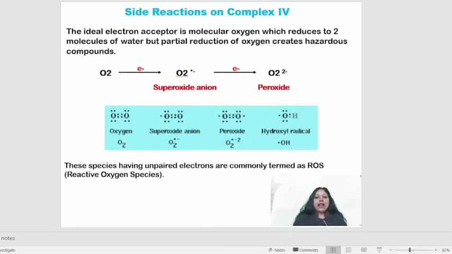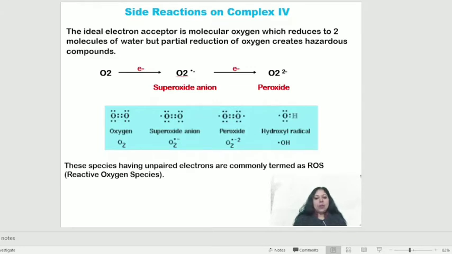The ideal electron acceptor on this overall chain is molecular oxygen, which reduces to 2 molecules of water. We know that this is its primary role, but partial reduction of oxygen can create hazardous compounds: the superoxide anion, peroxide and hydroxyl radical.